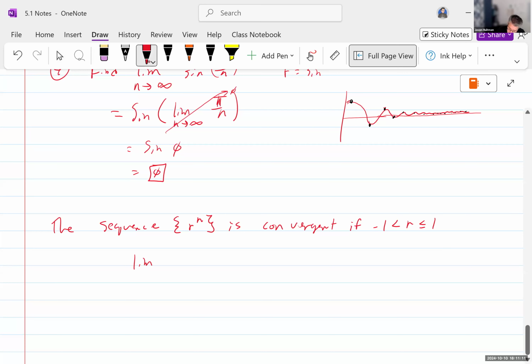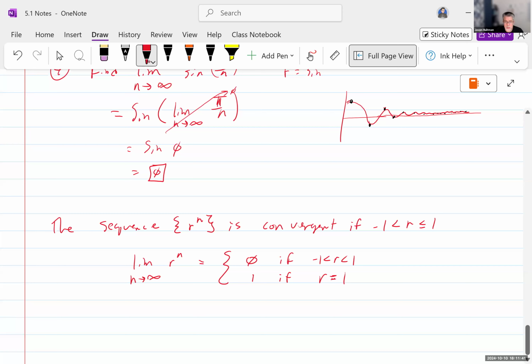The limit as n goes to infinity of r to the nth is equal to 0 if r is between -1 and 1, and 1 if r is equal to 1.